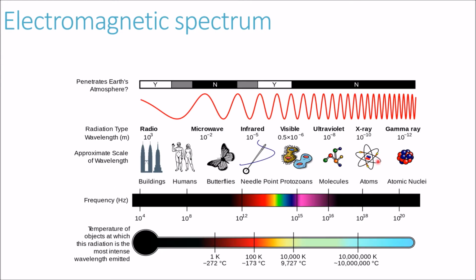This is all the radiation known to mankind, at least up till now, which ranges from gamma rays to radio waves. The gamma rays have the highest frequency, the lowest wavelength, and they are the most powerful. Then come X-ray, ultraviolet, visible, infrared, microwave, and radio. As you go towards gamma rays, the energy of the wave increases.